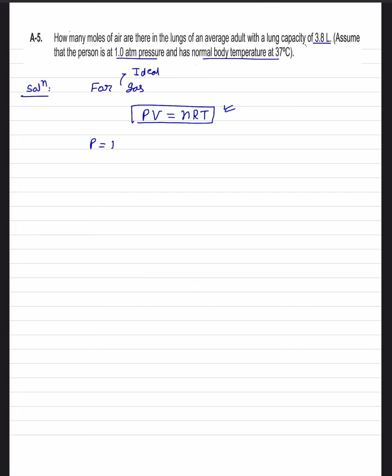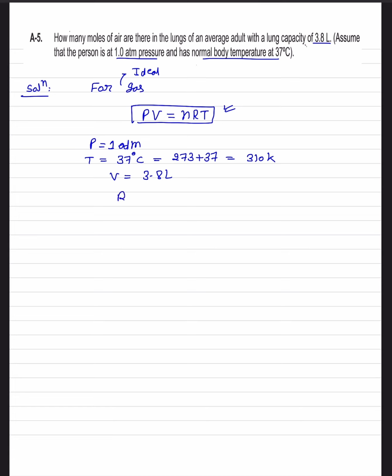Pressure value is given as how much? 1 atm. Temperature is how much? 37 degrees centigrade. So how to convert centigrade into Kelvin? Just add 273. So how much do we get? We get 310 Kelvin. Yes or no? Yes. What else is given? Volume is given as 3.8 liter.